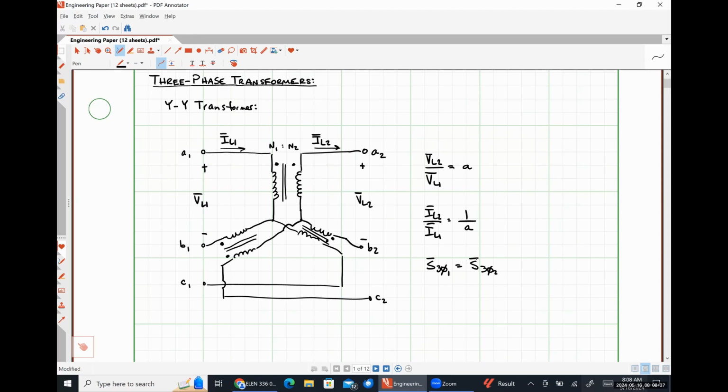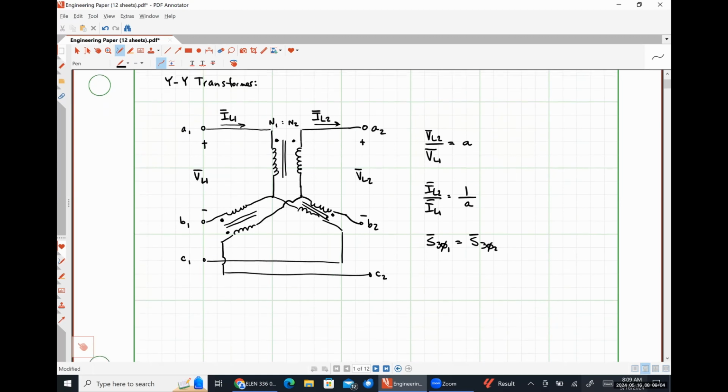So there's our YY transformer. It behaves exactly like we should expect. The voltage on the secondary related to the voltage on the primary is just a factor of A, current on the secondary versus current on the primary, 1 over A, just like we saw with our single phase transformers, nothing weird there. Complex power in equals complex power out. Nothing remotely different about how this guy behaves.